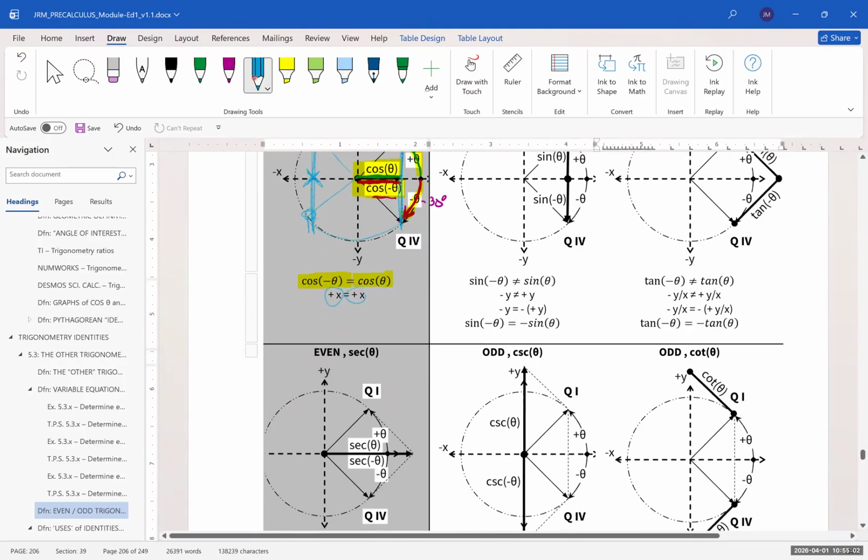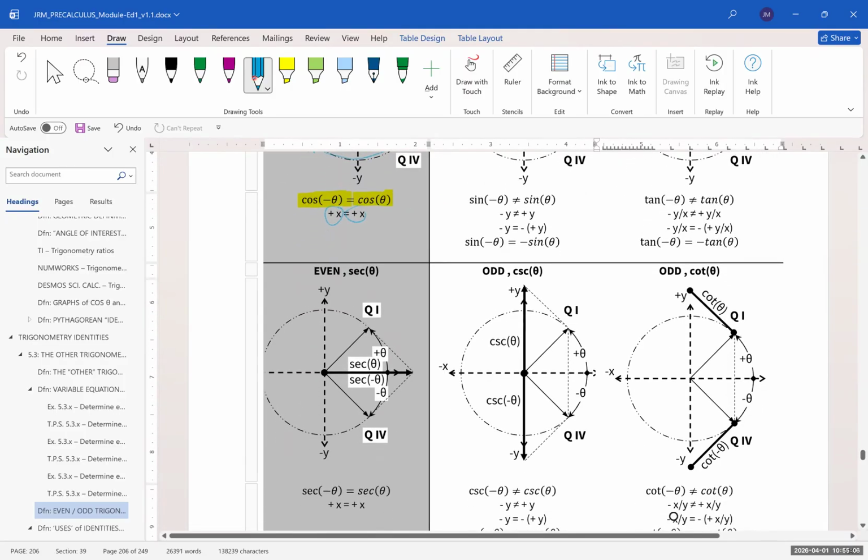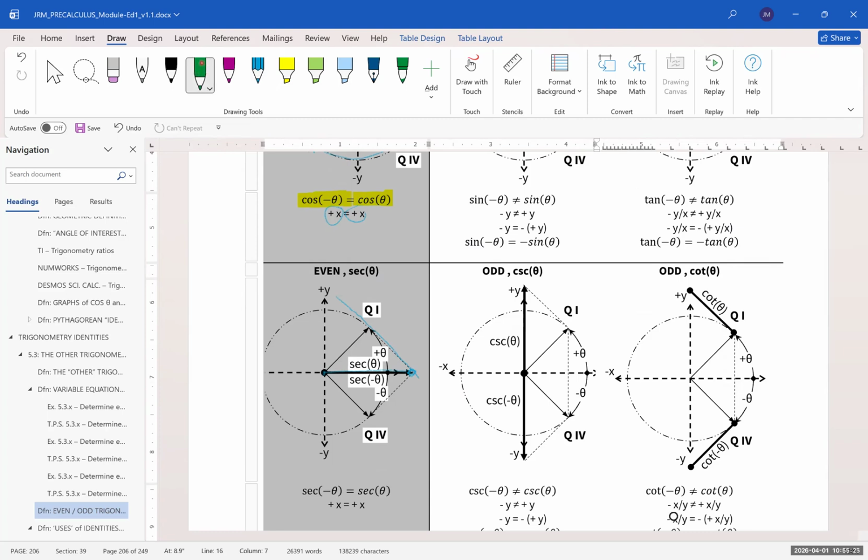And when we come down here and look at secant, the secant is the length from the origin out to where the tangent line intersects the x-axis. That's the length of the secant. If we have the secant of a positive angle, it's this positive value.